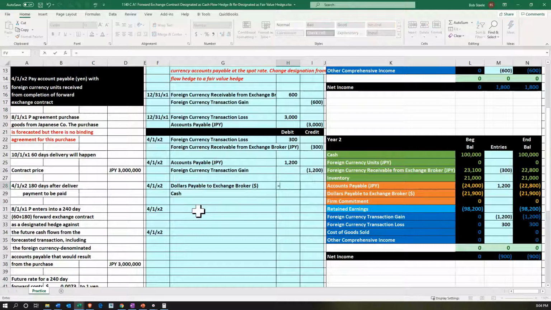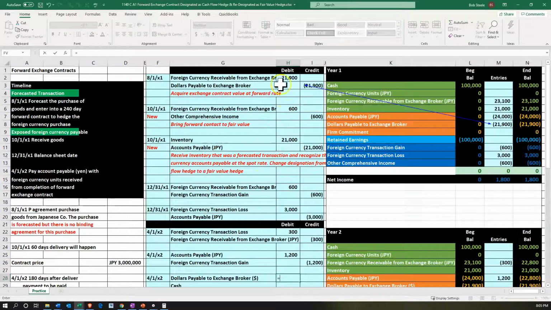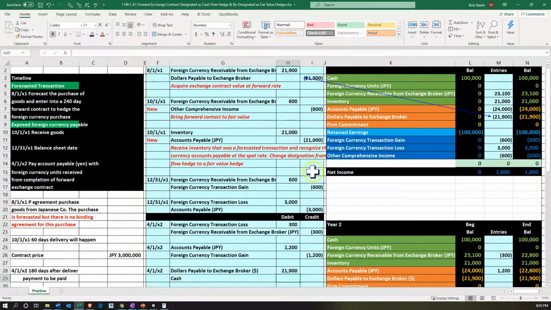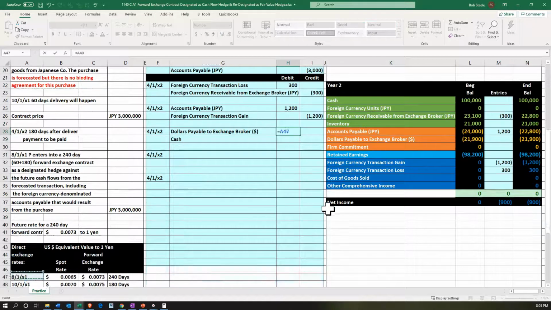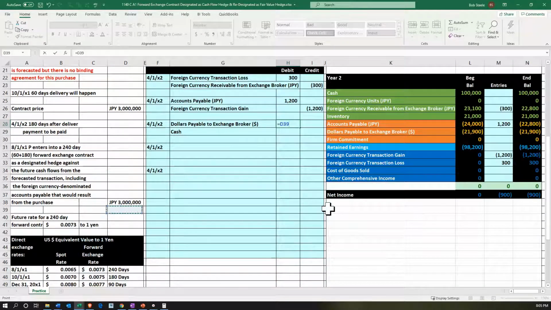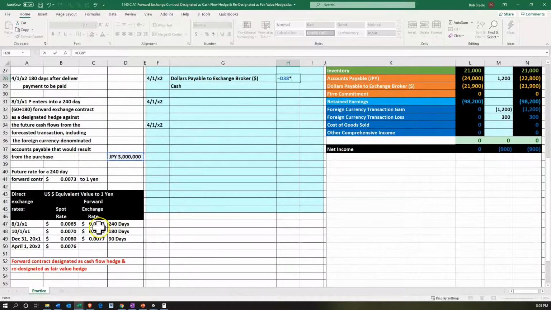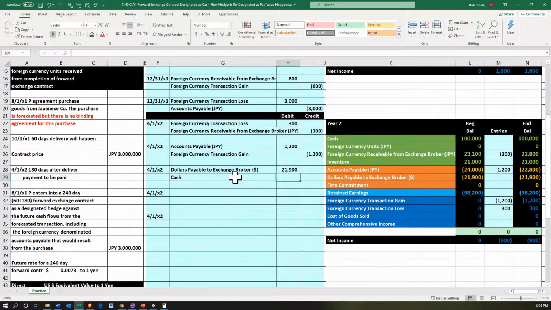Or you might want to tie it out to this number just to see where it was originally calculated from. Or you could recalculate it, which would be equal to the 3 million times the forward exchange rate that we had when we first put the forward contract on the books. There's that 21.9. There's the debit, and there is the credit.